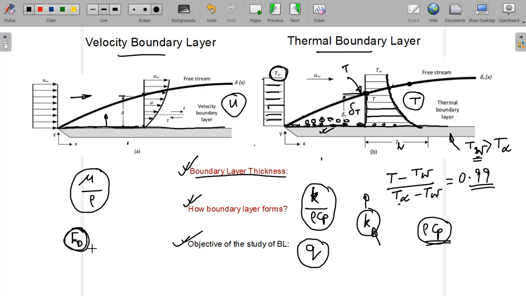Okay, and if you remember, to find out the drag force, we expressed the wall shear stress, that means the value per unit area, which is changing from point to point. Similarly in case of a thermal boundary layer, per unit area how much is going, that is the heat flux. We calculated the expression of the wall shear stress, and similarly here we are going to find out the heat flux.